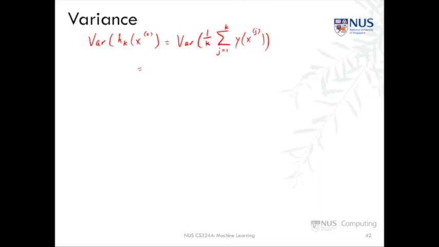Okay. And then what we're going to do is look at this variance, and we can take a note of something important, which is the variance of a variable against a constant. We can factor out the constant.